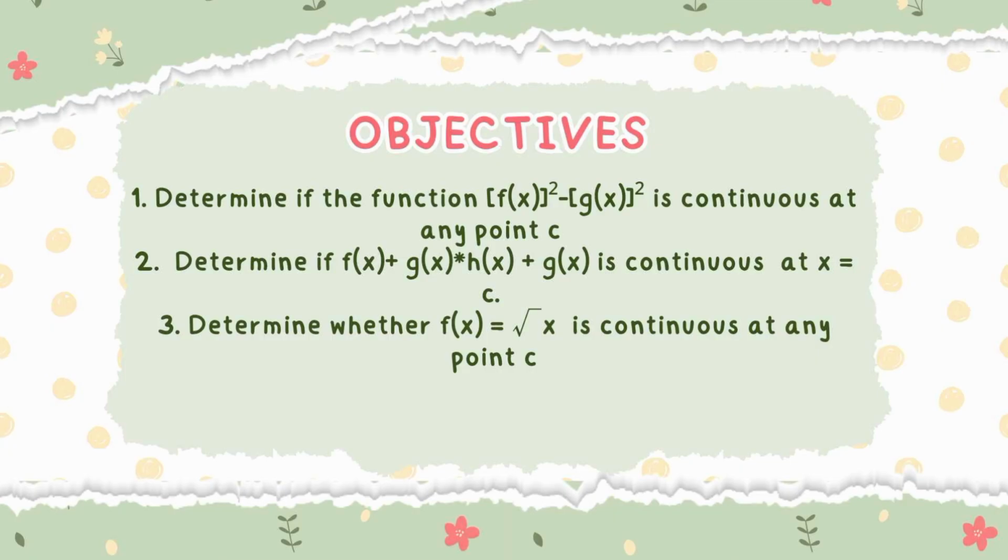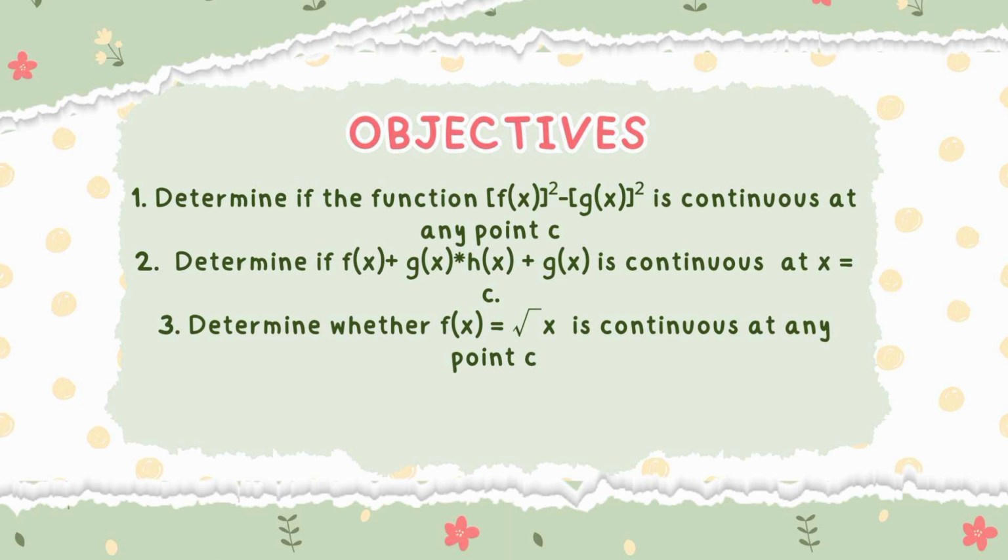Here are the following objectives that will be tackled as we progress further. Number 1. Determine if the function f of x squared minus g of x squared is continuous at any point c. The second objective is determine if f of x equals g of x times h of x plus g of x is continuous at x is equal to c.